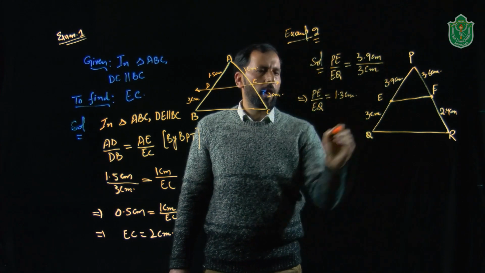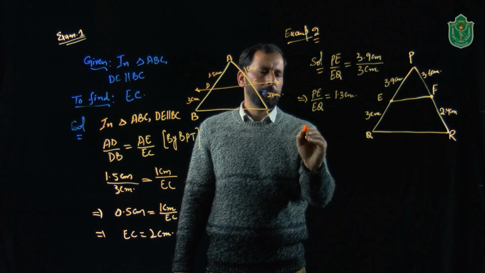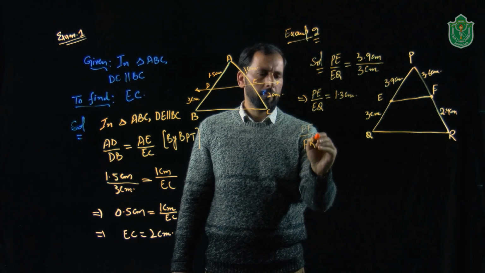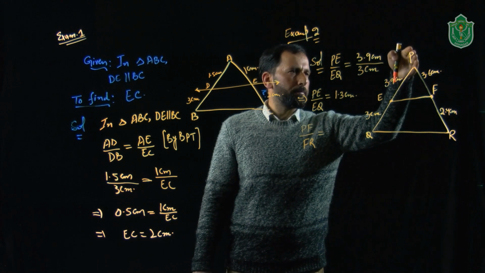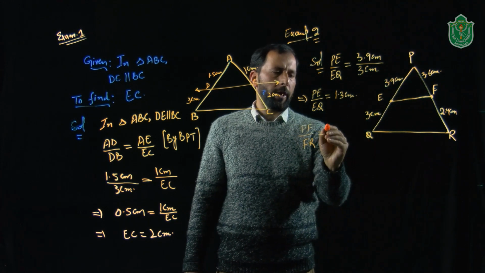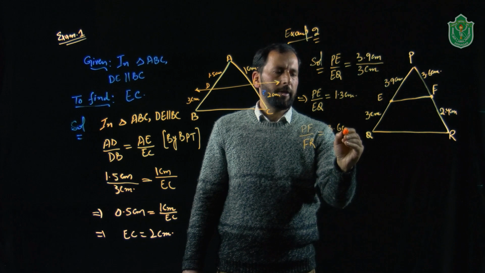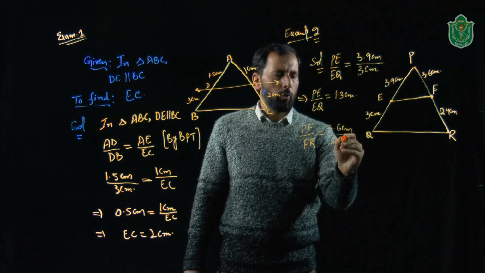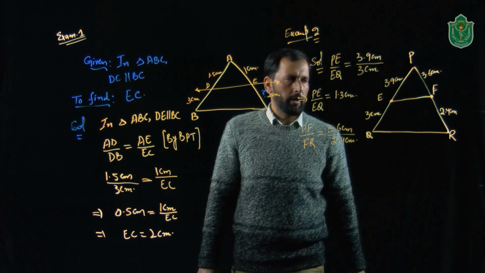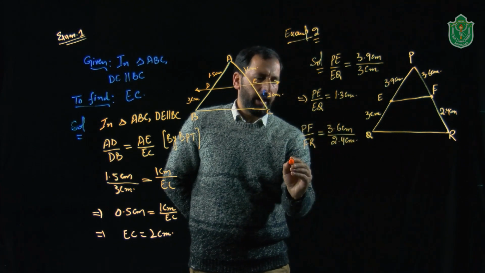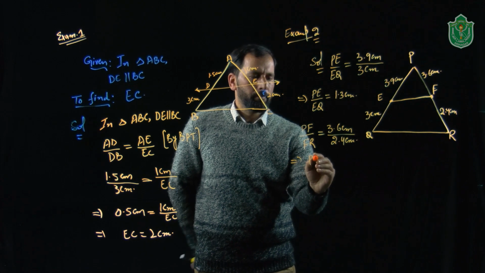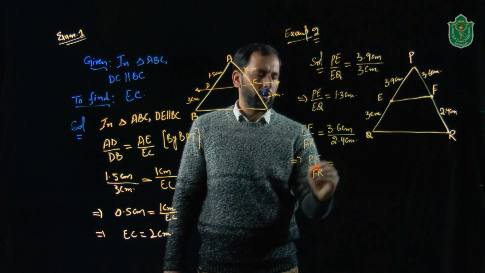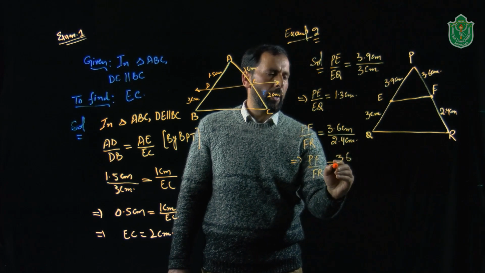Now let us take another one, PF by FR. Here the length from P to F is 3.6 centimeter and FR is 2.4 centimeter. Now we can write further PF by FR is equivalent to, can we write it as 36 upon 24?